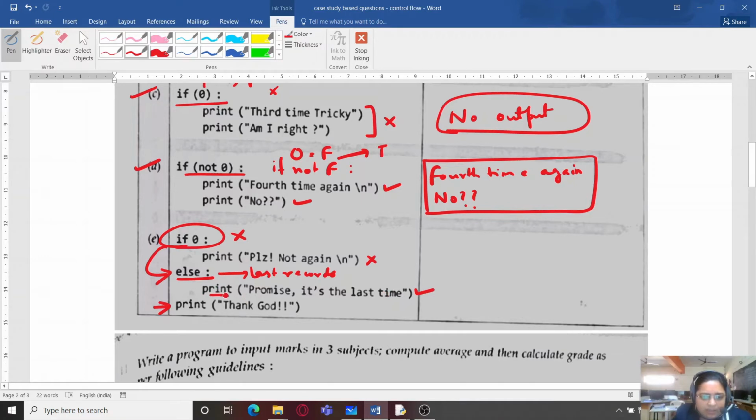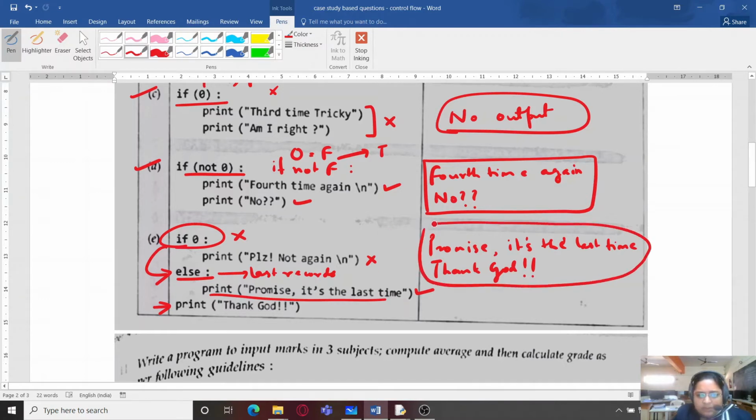So here I'll be typing this statement. It's the last time and thank God will be executed. So this is the code which will be printed over here.